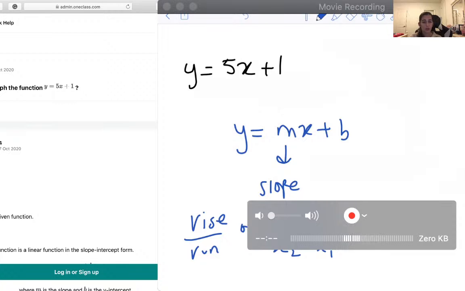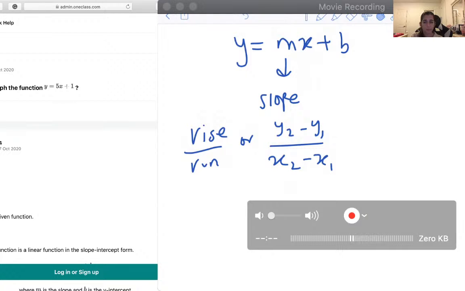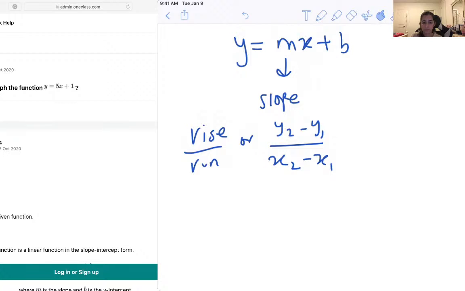So when you're given two different coordinates, you can just write that out. Our b value is our y-intercept. So that's when our line intercepts the y-axis.